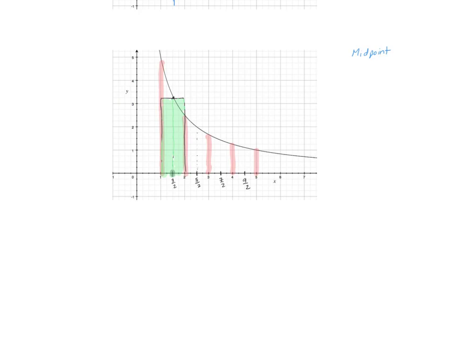We're going to go from 5/2 to our curve, and then the next one will go 7/2 to the curve, draw a rectangle, and then 9/2 to our curve and draw our last rectangle. So let's just look at the area that we've created with our 4 rectangles.